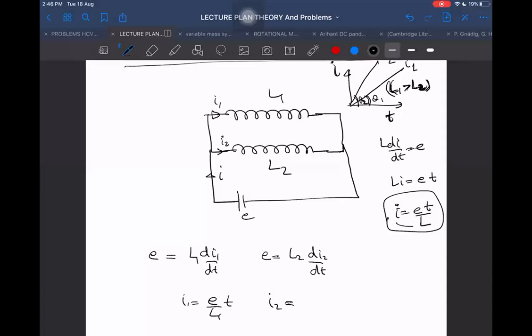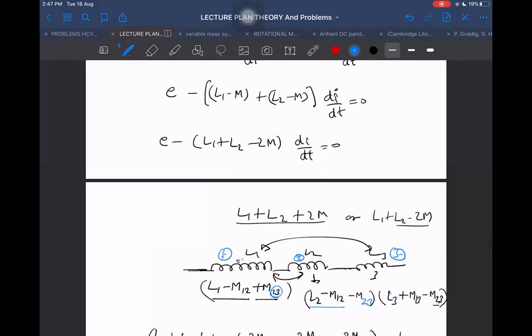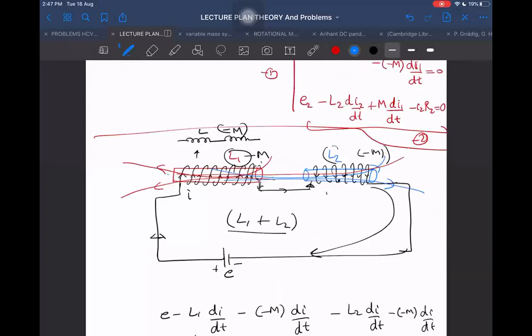Wait a second. How they are supporting or opposing, I have to decide first. Maybe these are sending field lines in this way and coming here backwards. I cannot tell directly whether these are supporting or opposing. I have to make a 3D diagram, in which I can really say in which direction the currents are flowing.